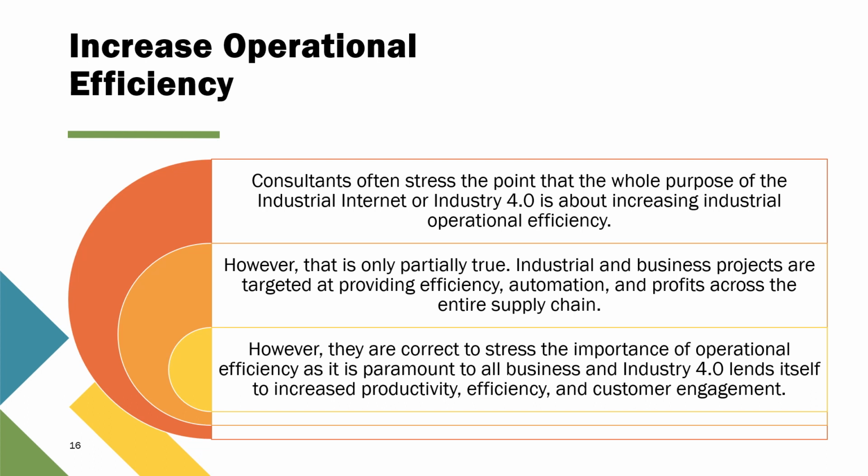Industrial and business projects are targeted at providing efficiency, automation, and profit across the entire supply chain. However, they are correct to stress the importance of operational efficiency, as it is paramount to all business, and Industry 4.0 lends itself to increased productivity, efficiency, and customer engagement.